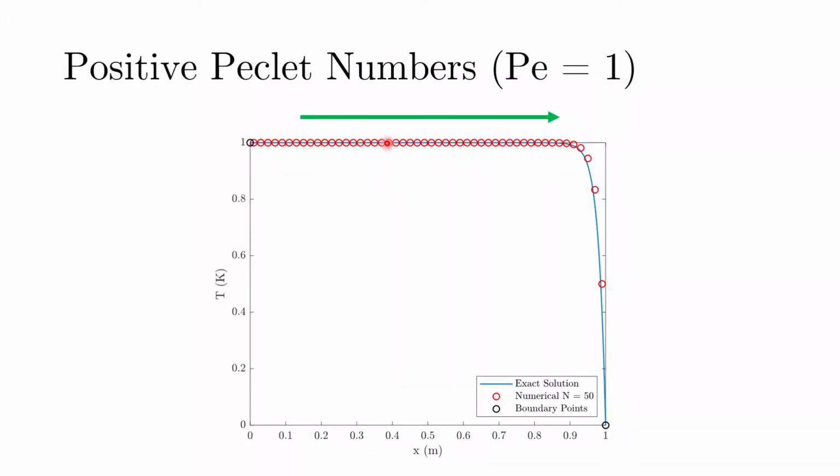In this case, we see that when the Peclet number is 1, that is the velocity is from left to right, all the variation is very well captured by the central differencing scheme. The underlying solid line, this blue line over here, is the exact solution, and all these circles are the numerical solutions obtained by the central differencing scheme.